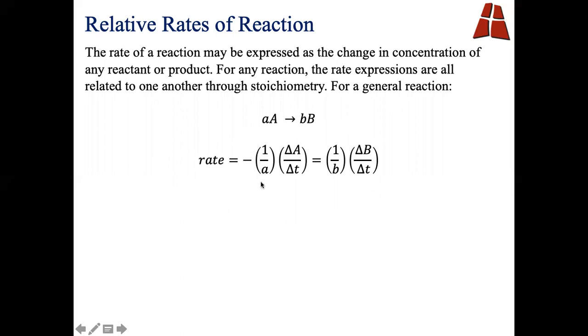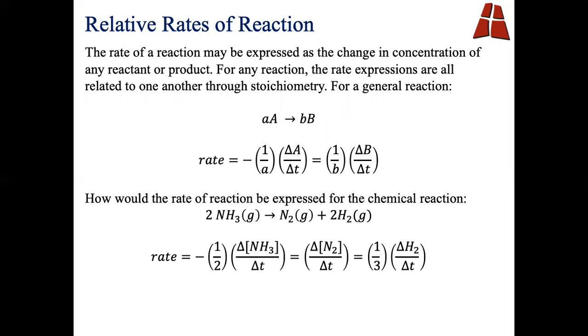We could say that it is equal to negative 1 over a multiplied by the change in the concentration of A over the change in time, or 1 over b multiplied by the positive amount of B that is, of course, formed. These lowercase letters represent the stoichiometric coefficients. And then, of course, we're measuring changes in concentration over changes in time.